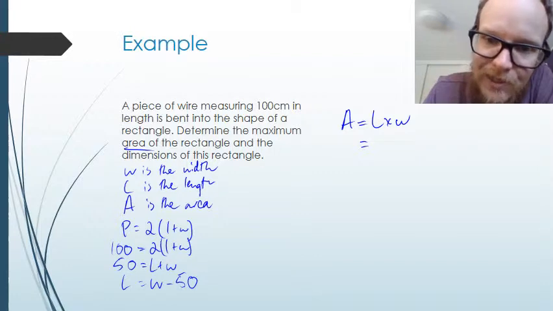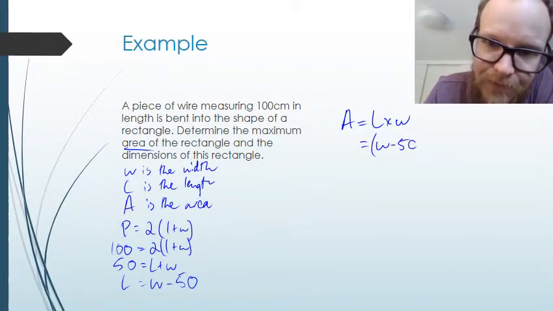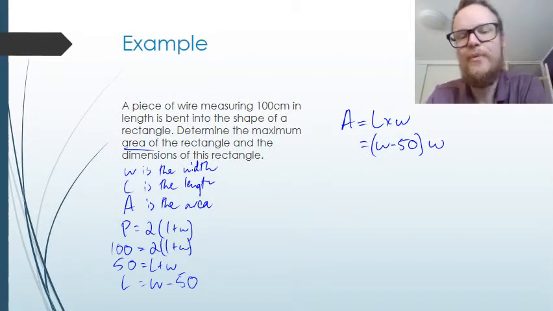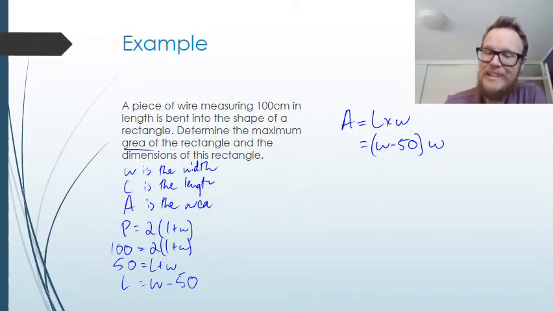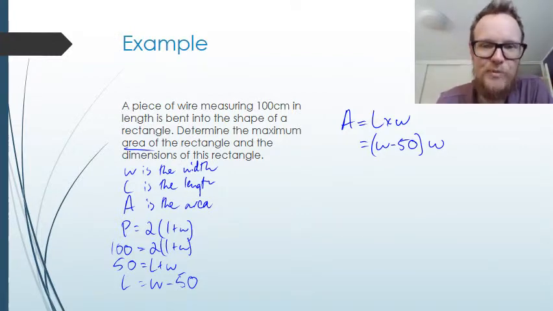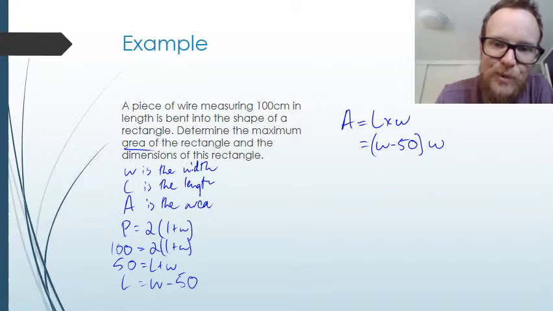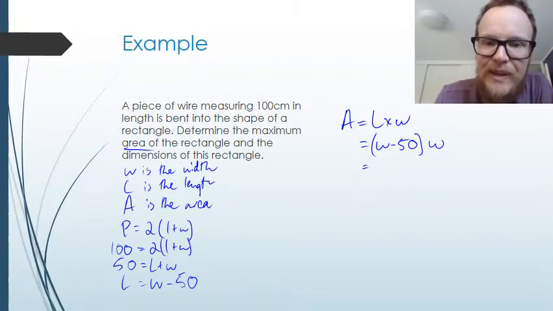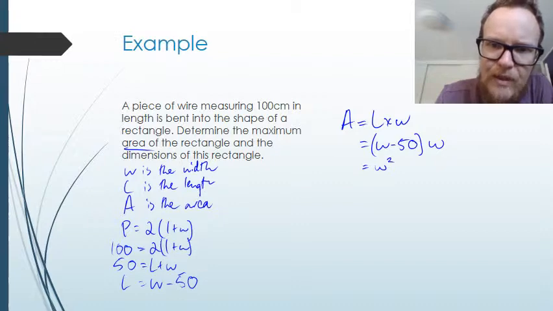Well, the length we know is W minus 50, multiplied by W. We can leave it like this, but it's not super easy to solve in some instances. We might want to revert back to this form later on, but we just need to remember that it's equivalent. But we can expand it out and get W squared minus 50W.